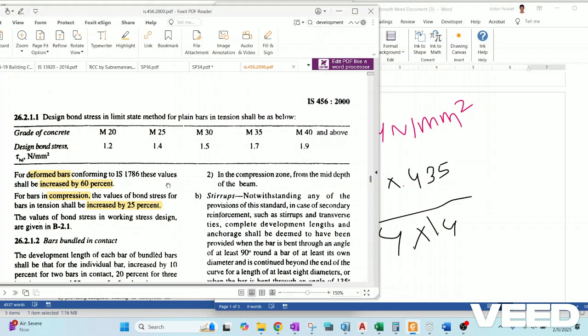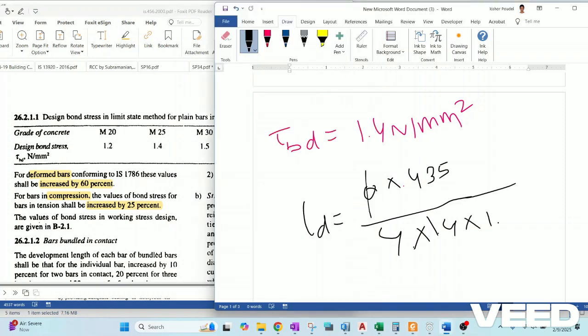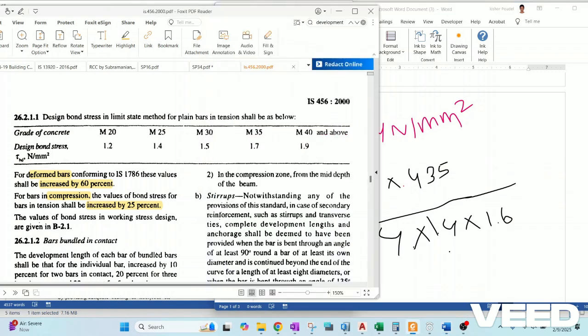If the deformed bar is Fe 415 or 500, we can divide by 1.6 further. If the development length is calculated for a compression member, we can also divide by 1.25, but we are not going to use that. It's for a beam, so we will not divide by 1.25.